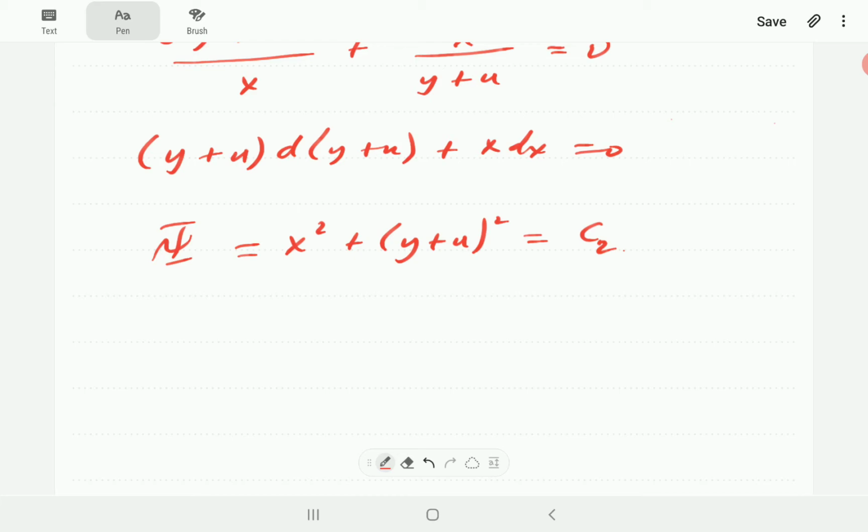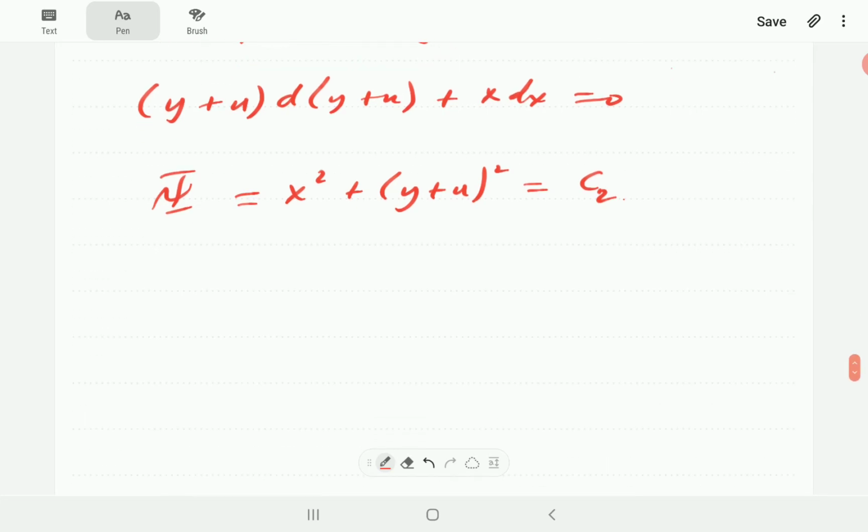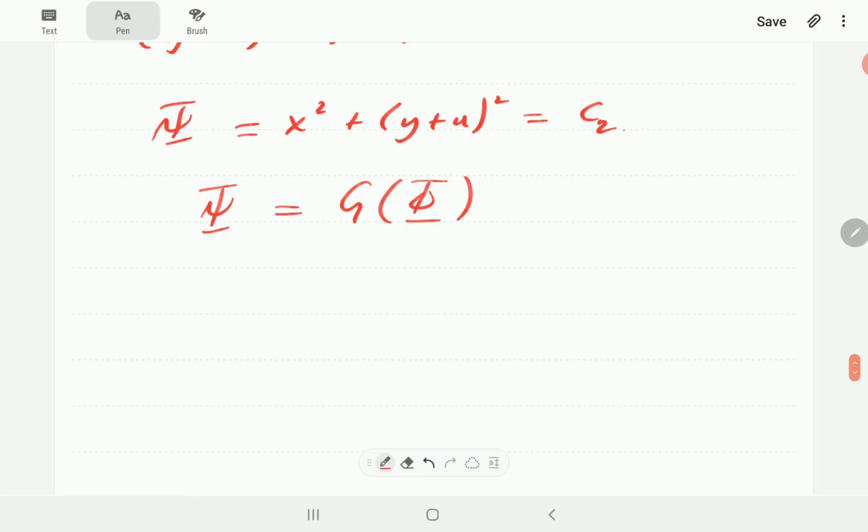All right, and so if we write this as phi equal to g of psi, actually this time we're going to do it the other way around. Write this as psi equal to g of phi. It doesn't really matter which combination you do here.